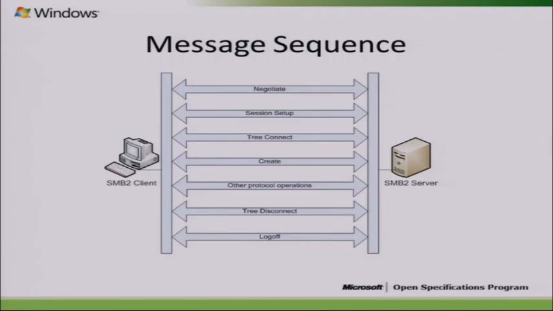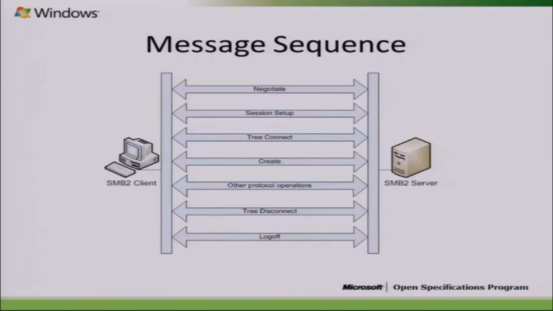After a tree connect is successful, you can open a file or directory by the create method. After you create or open an existing file or directory on the server, you can do read, write, or other operations, such as cancel and flush.